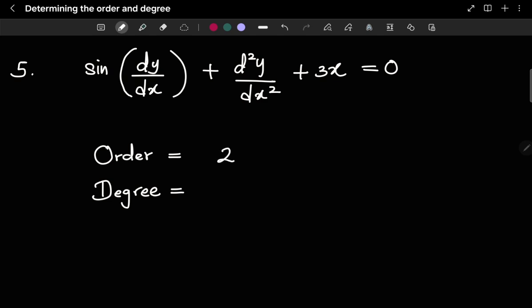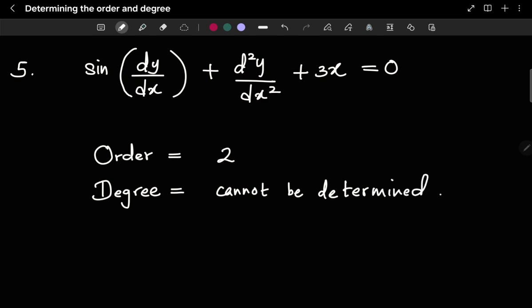When determining the degree, since this equation has a sine term interfering with dy by dx, a derivative term, we are unable to determine a degree of this equation since this equation is not in the polynomial standard form. So the degree of this equation cannot be determined. So here we can write cannot be determined.